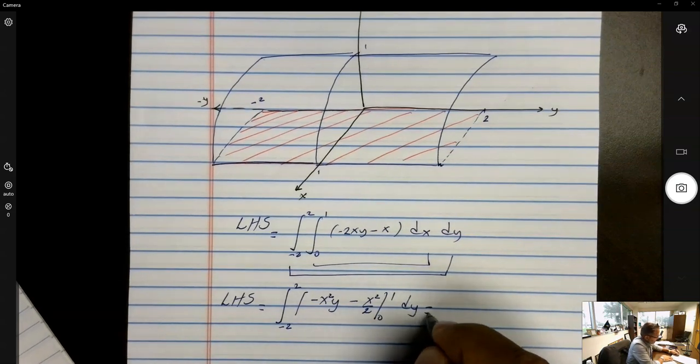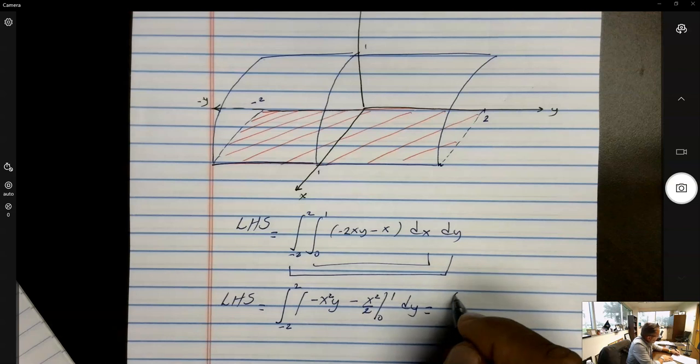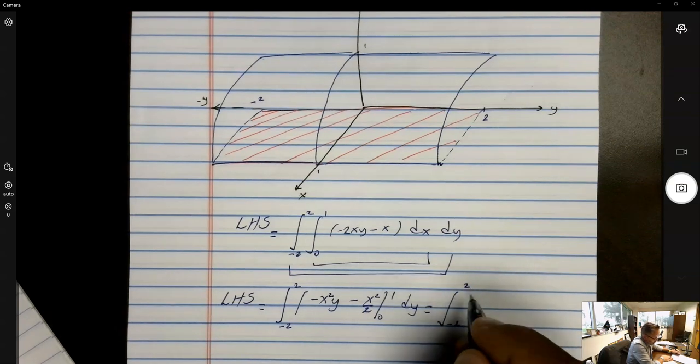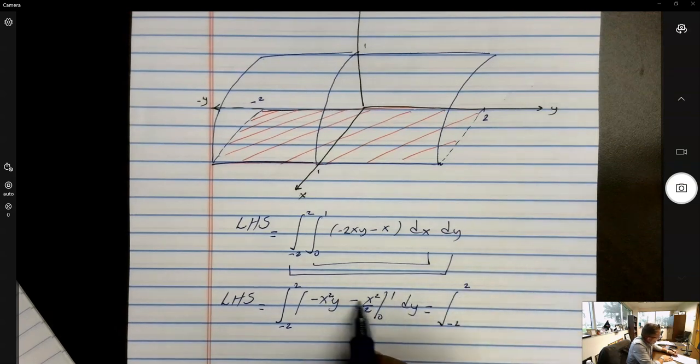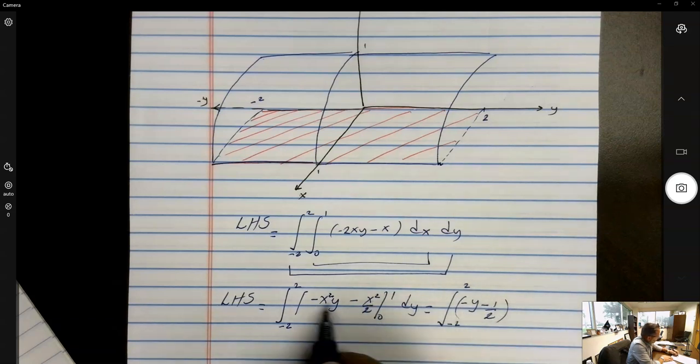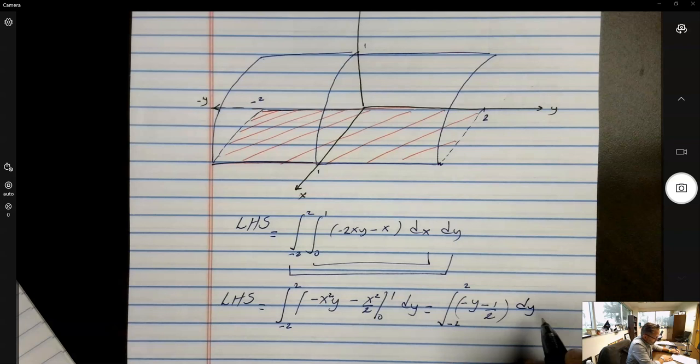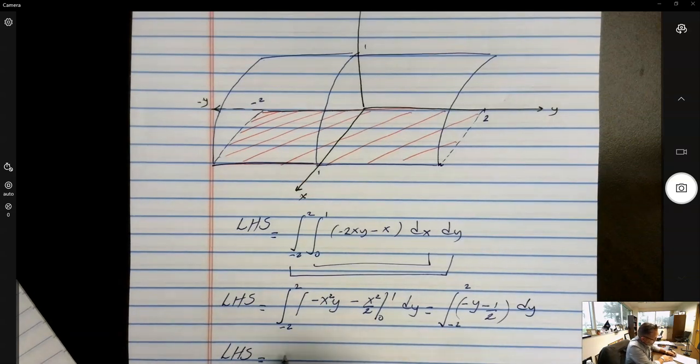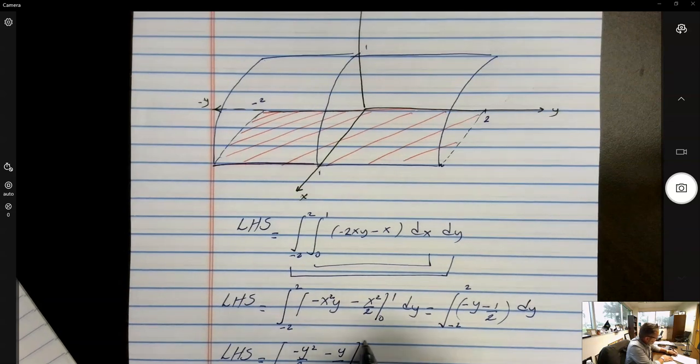That would be equal to the integral from -2 to 2. When x is equal to 1, these become 1, so this would be minus y minus 1/2, and when x is equal to 0, this disappears, dy. So the left hand side is equal to the integral of that with respect to y, which is minus y squared over 2 minus y over 2. Now this is evaluated between -2 and 2.